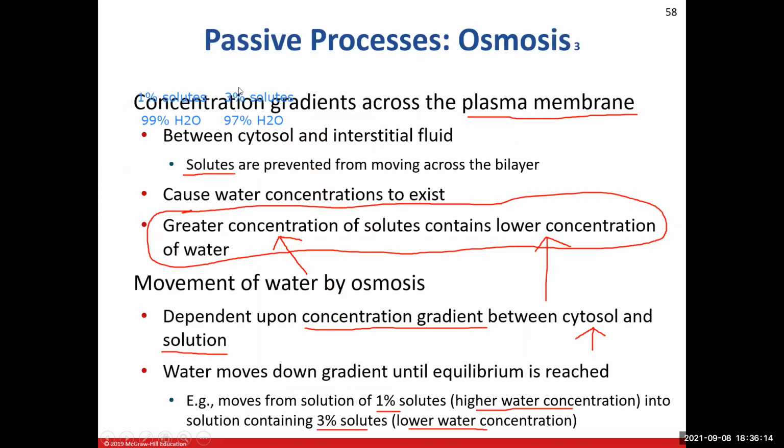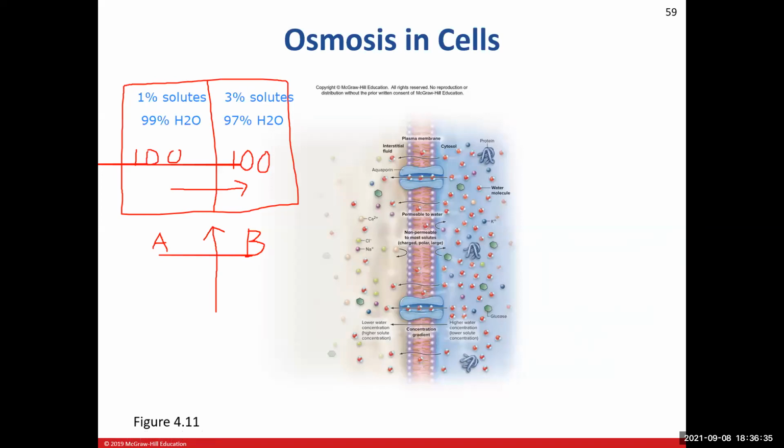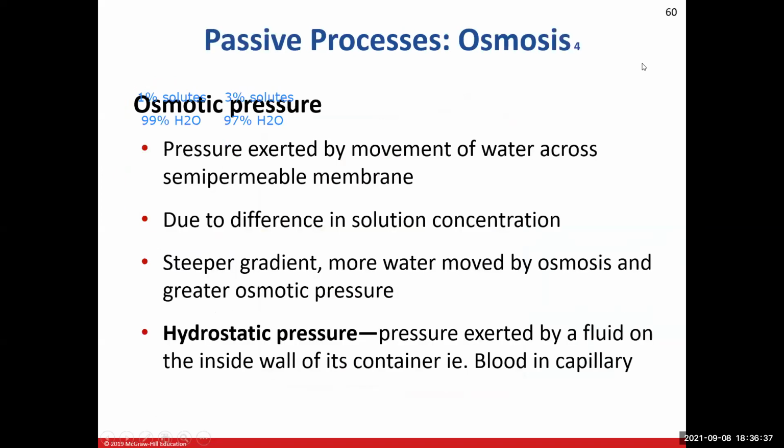That's what I'm talking about here in this statement: greater concentration of solutes contains a lower concentration of water. So that means that water is going to move to the area where there's a greater concentration of solutes because there's less water there. I hope you understand that. That's an important concept. It usually takes me a while to explain it to folks, but I have a feeling you guys are bright.